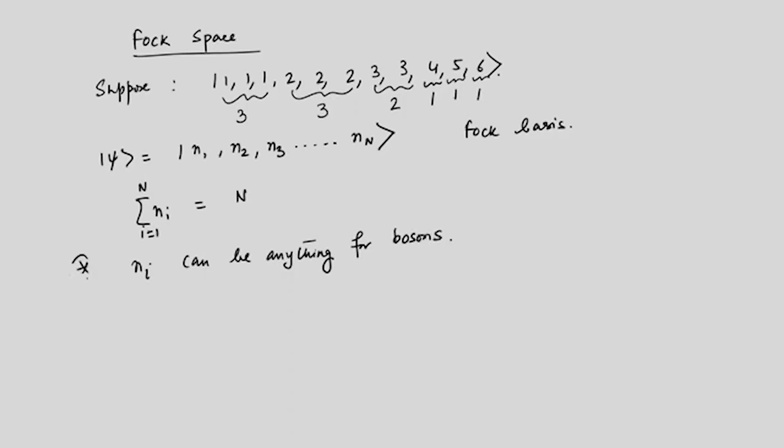So, this is an important point, and Ni is equal to 0 or 1 for fermions. Okay. So, either a given quantum state can have 0 particles, that is no particle, or it can have at the most 1 particle. Okay. We are not talking about spin at this moment, but that can also be incorporated.